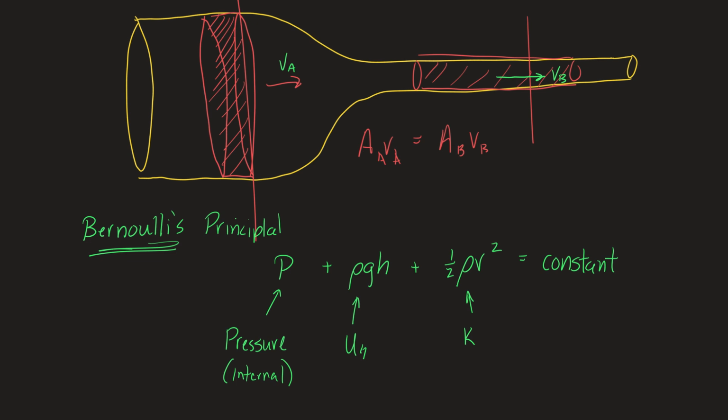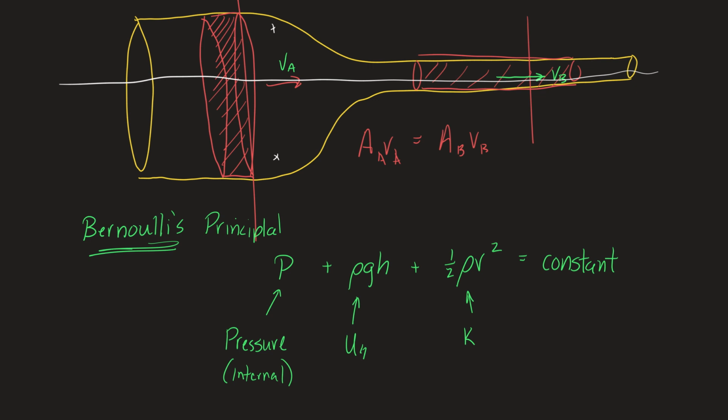The first thing I want to point out is that if I draw a line through the middle, it looks like the fluid never changes its height. Do you guys see what I'm saying? In this example, the tube is horizontal, so the fluid stays at the same height the whole time. Yeah, there's some down here that goes up, but there's also some up here that comes down. So the average height of the fluid is the same. Is that okay with you guys?